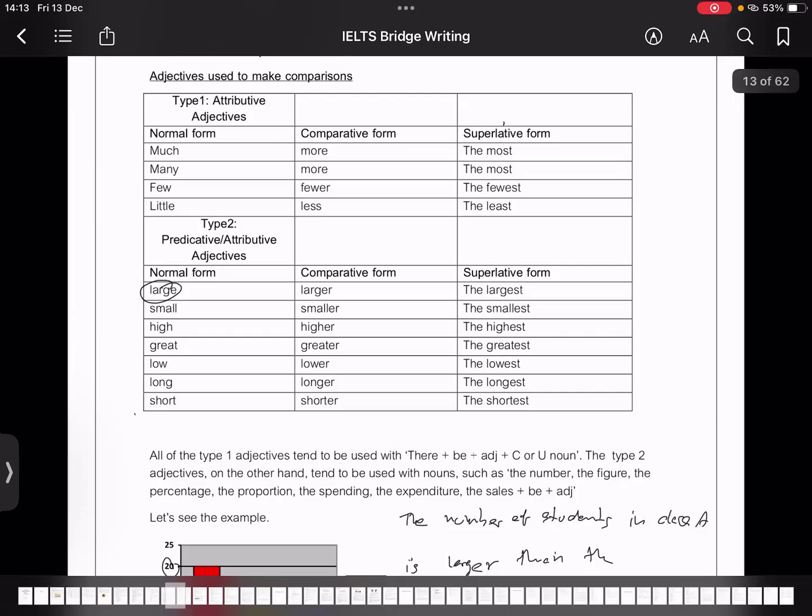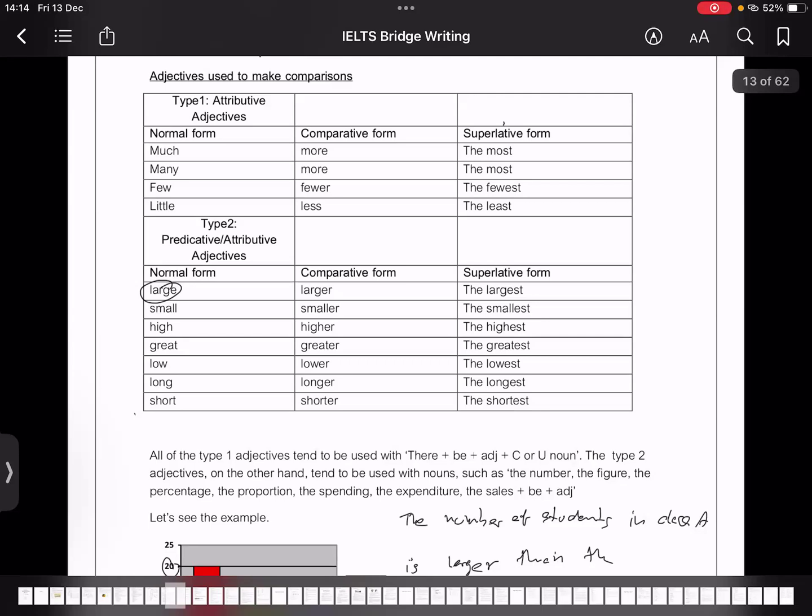Type 1 adjectives are used with any kind of noun. There are no restrictions. But type 2 adjectives you have to use only with words that represent quantities, like number, percentage, amount. The structure you normally use with a type 2 adjective is subject, linking verb, and adjective.